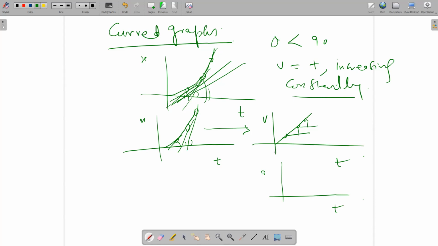Constantly positive. Acceleration will be a straight line. V is increasing, so acceleration is positive and constant.